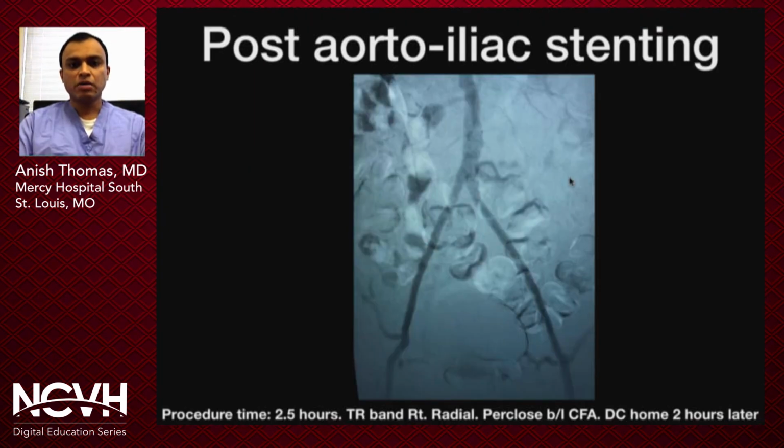With stenting bilateral common iliac arteries with balloon expandable covered stents, and stenting the external iliac artery with self-expanding stents all the way to the proximal common femoral, we were able to get an extremely good outcome in this case. We were able to close both groins with closure devices, a TR band on the radial side. We were able to finish this case in about 2.5 hours, and the patient went home the same day.